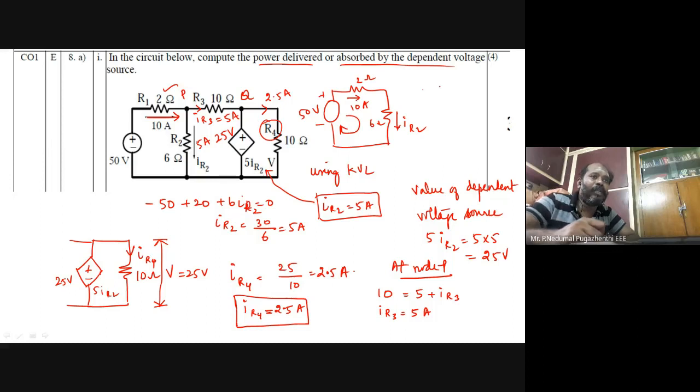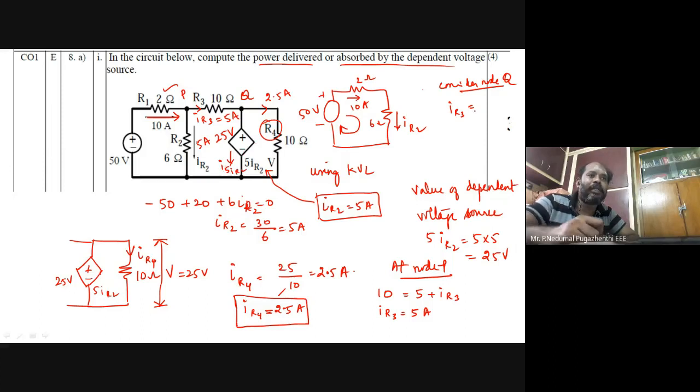The same way, if I consider node Q, what is available? The current IR3 is equal to the current passing through this one, plus IR4. And let us say this is your dependent voltage source. I will name its current I25, because the value is 25.